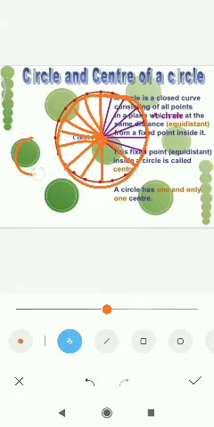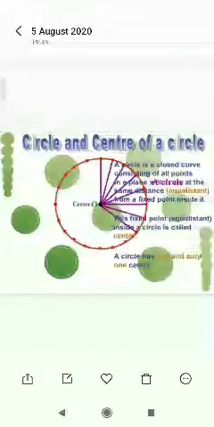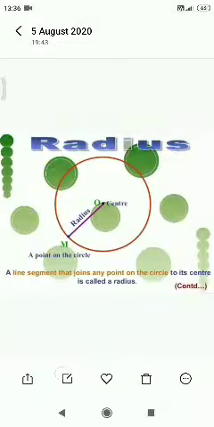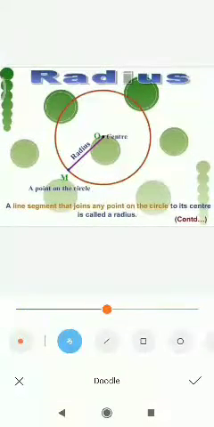So a circle has only one center. This is the center of this circle. A line segment that joins any point on the circle to its center is called the radius.